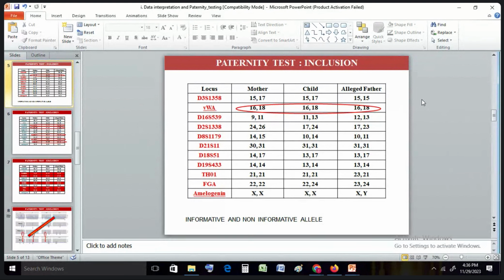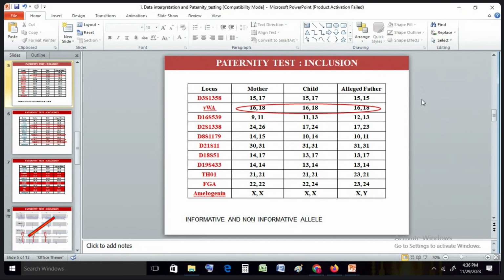In the other way, if you think that 18 is coming from the biological mother, it is possible. Then 16 must come from the alleged father, and it is also a match. So in both directions, you are getting a match result. So you can take this result, and this type of allele is called informative allele.